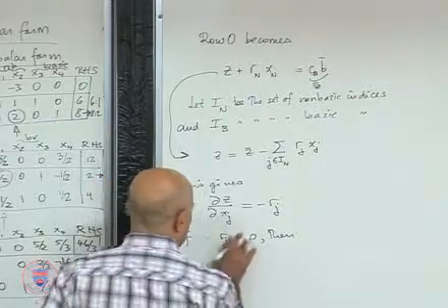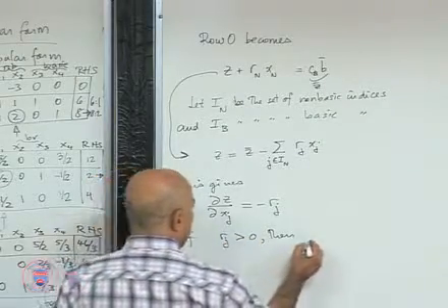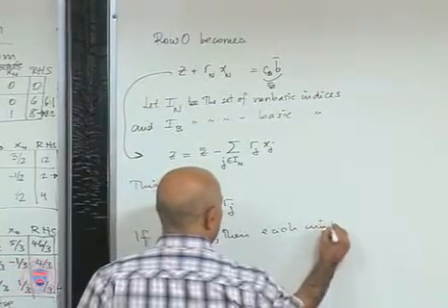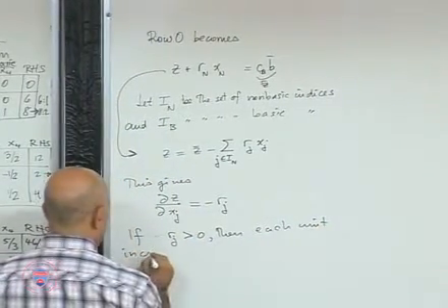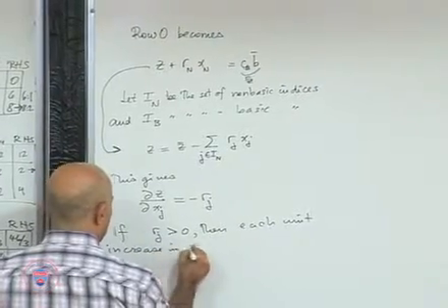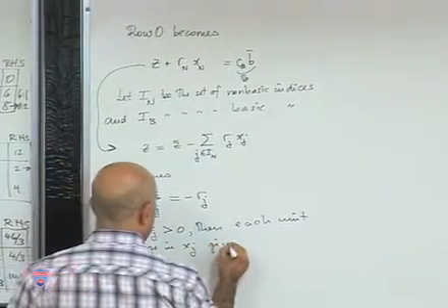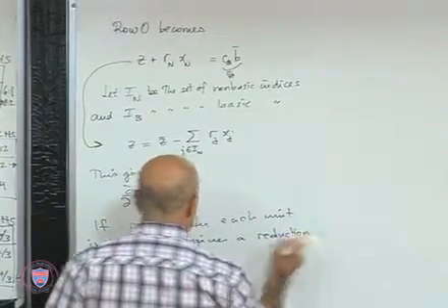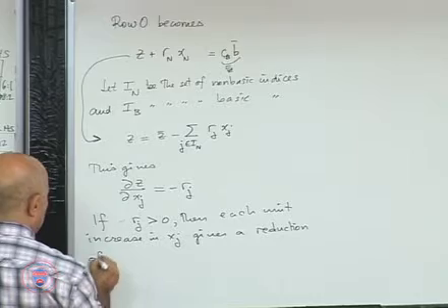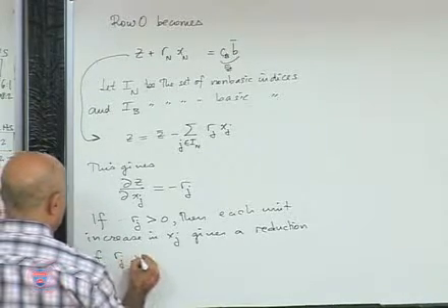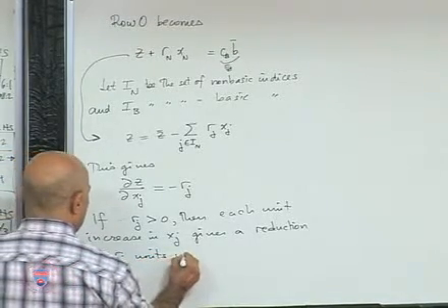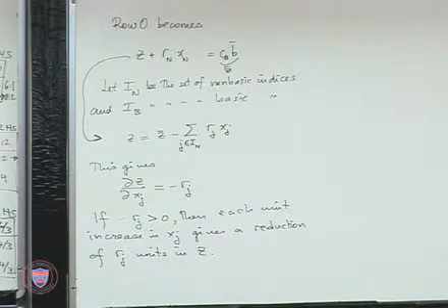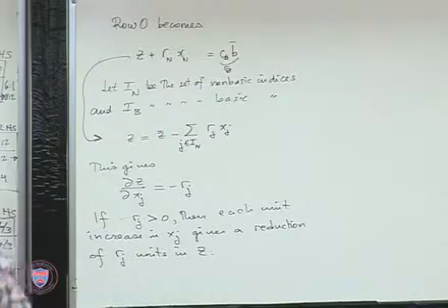So if Rj is positive, then each unit increase in xj gives a reduction of Rj units in z. So any variable that has a positive Rj can be entered.